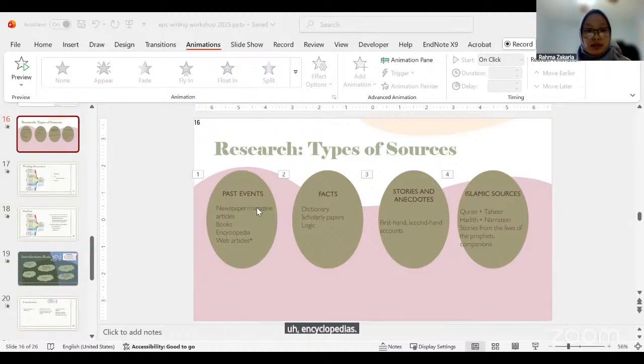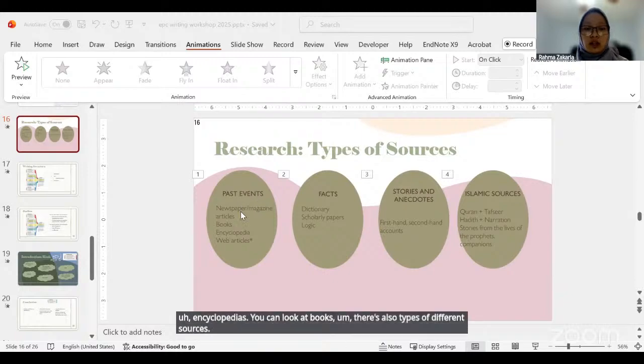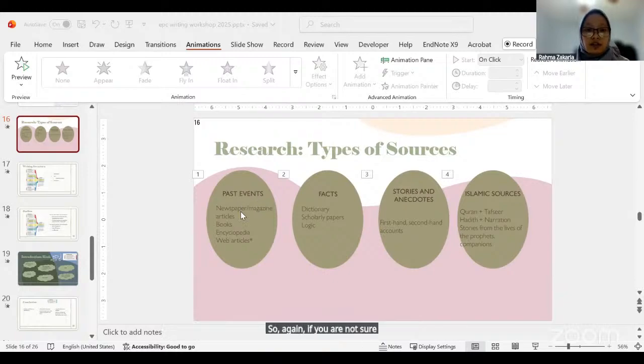You can look at books. There are also different types of sources. So again, if you are not sure where to start, you could always start with a Google search. And from there, you might find newspapers, magazines, or articles that give you new ideas.